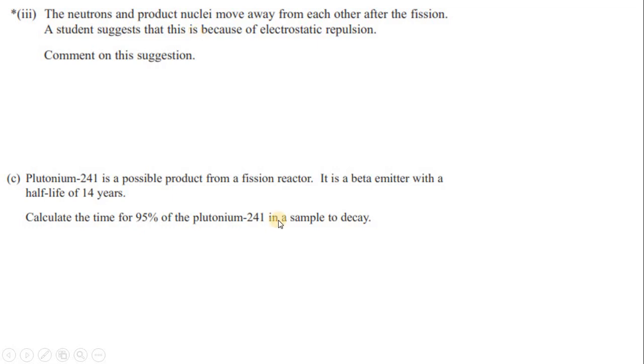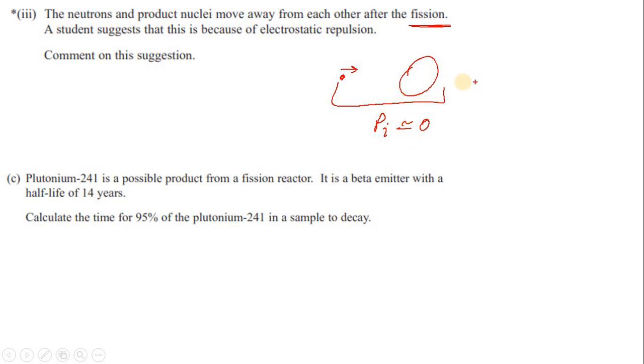Before fission, we have a larger nucleus and a very small neutron coming in. So we can assume that the initial momentum is approximately 0, or if there is a momentum, it is very small.